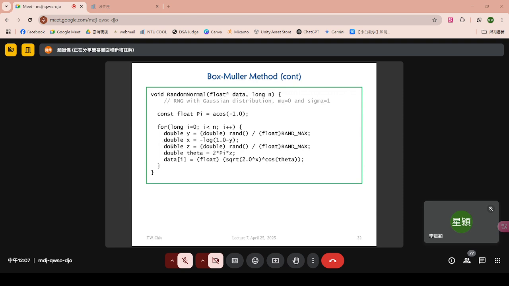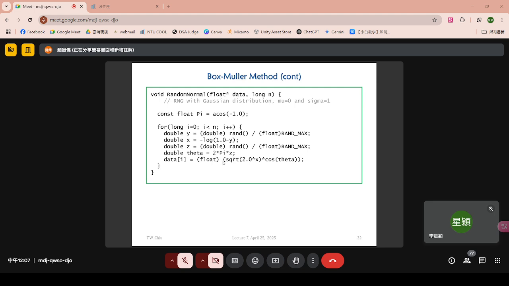With this y, I obtain x, which has an exponential distribution. And then I generate d, a random number between 0 and 1. The angle theta is just 2 pi times d.